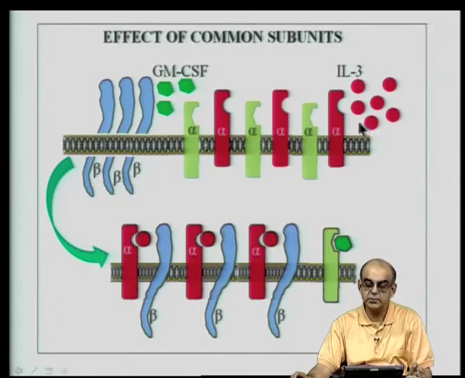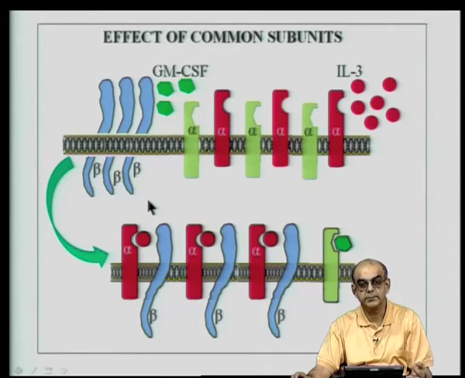So, at a given situation when IL-3 concentrations are higher, you will find that the full functional subunits that are capable of transducing the membrane signaling events are actually the ones that are bound to IL-3, because the IL-3 concentrations are higher.